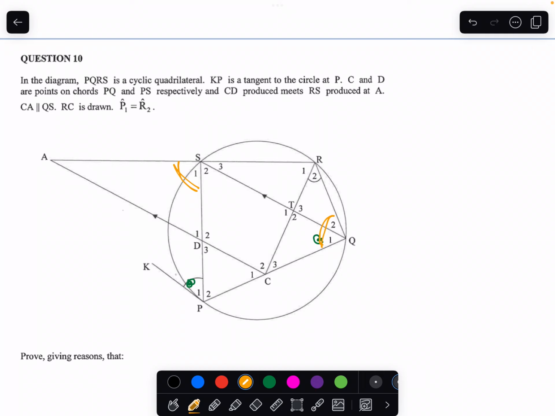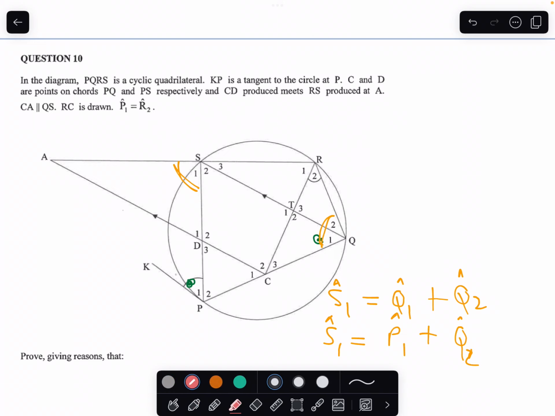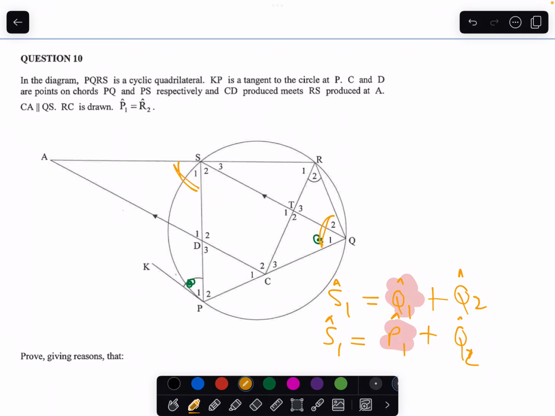So that means that S1 is equal to P1 plus Q2, because these two are equal. Okie dokie, I'm good with that.